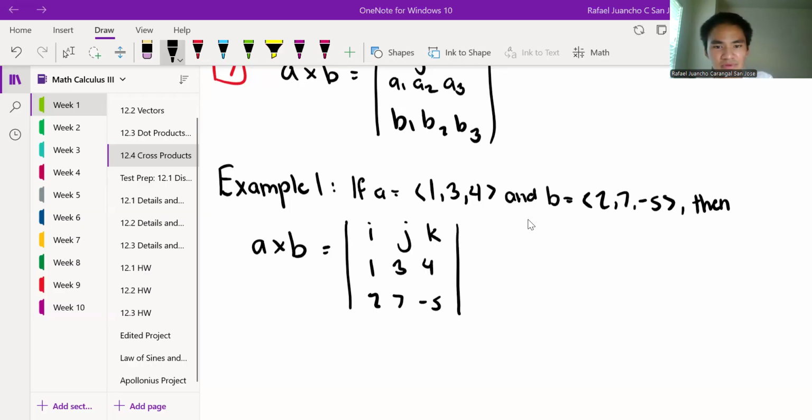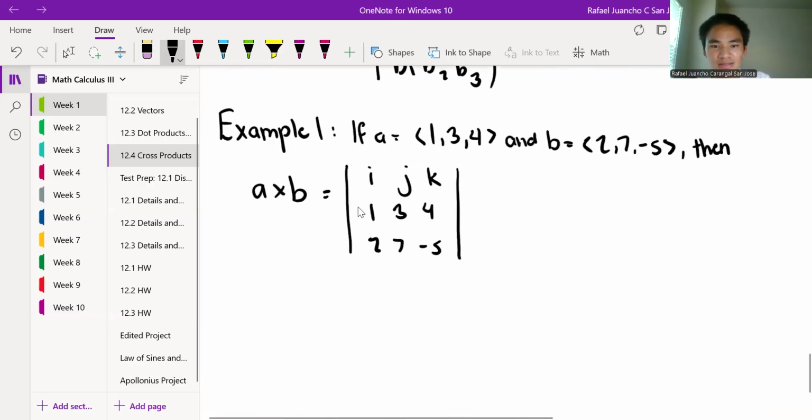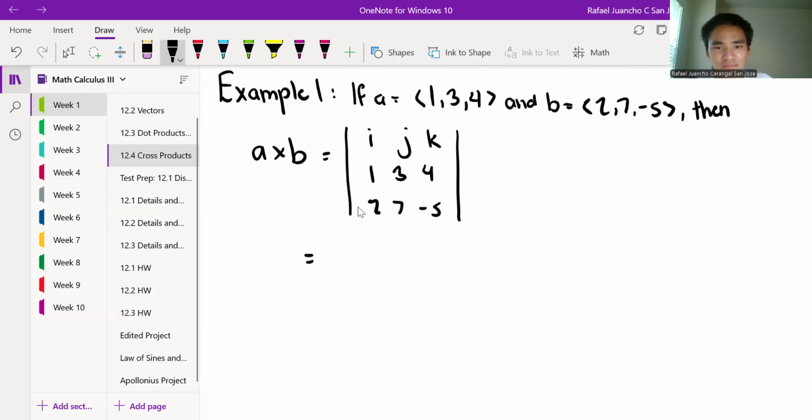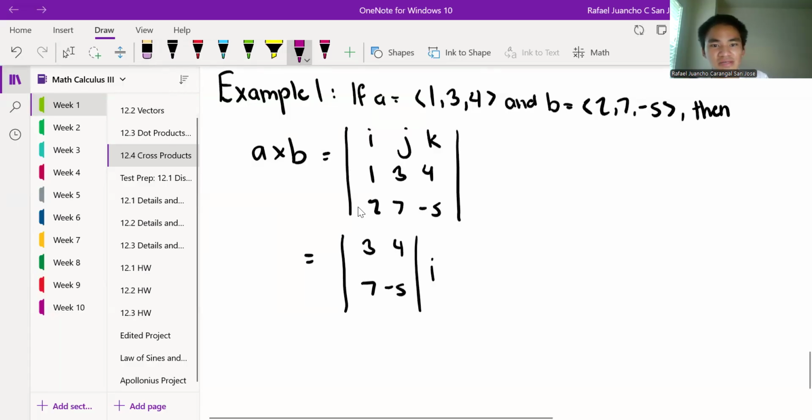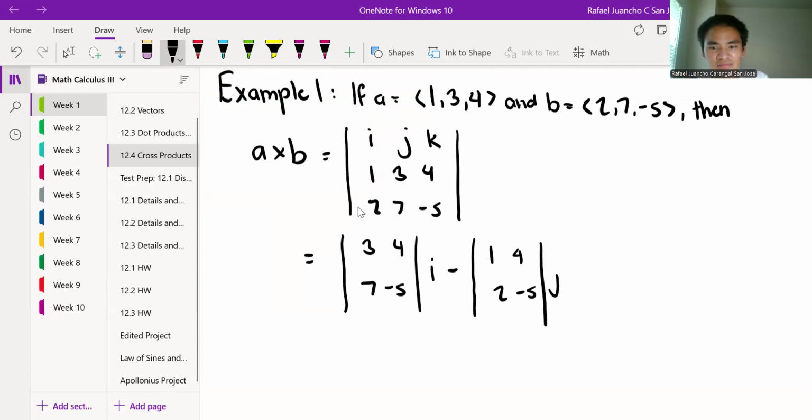Now what? We can actually translate it to equation 6. So if we do that, we're getting 3, 4, 7, -5, I. Why is that? We're taking out I. That's like our headline, right? And we're getting this. Next, we're subtracting the J. So this is 1, 4, 2, -5, J. How did we do it again? I'm doing this.